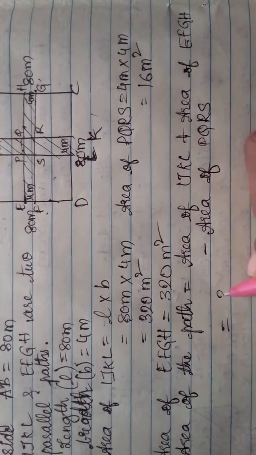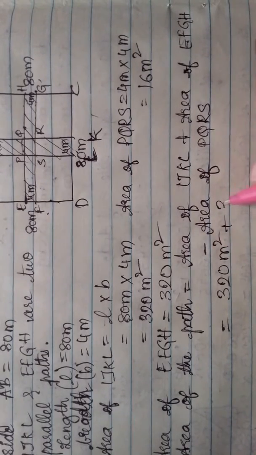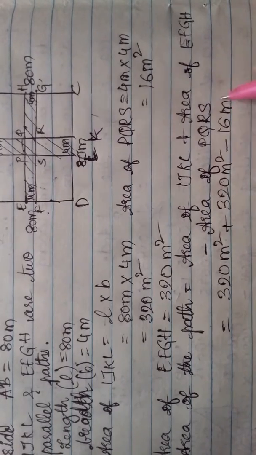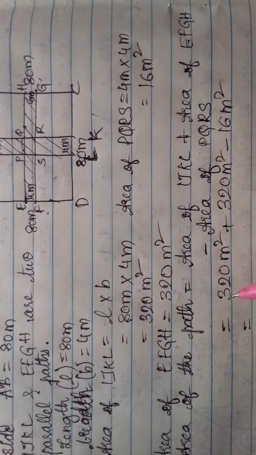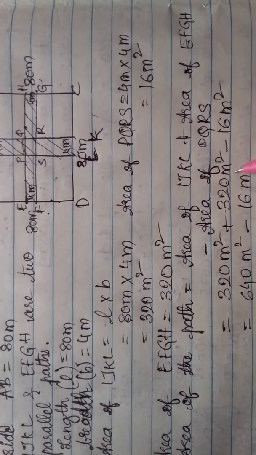Let's substitute the values. 320 meter square plus 320 meter square minus 16 meter square. So this is equal to 0 plus 0 is 0, 2 plus 2 is 4, 3 plus 3 is 6 minus 16 meter square.